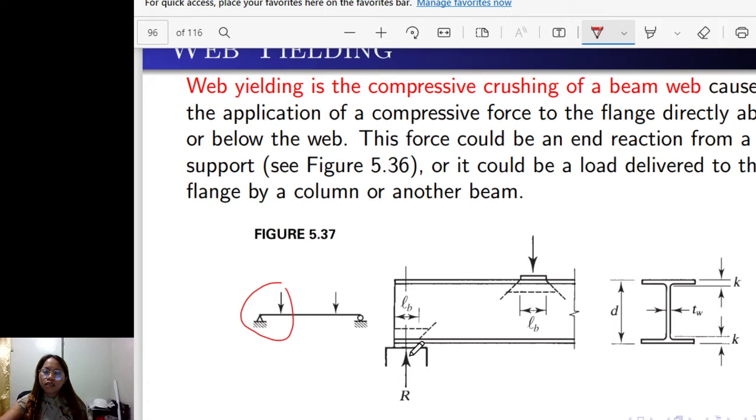This reaction is transferred to the top flange. Then the web is affected, so the web has a tendency to yield.